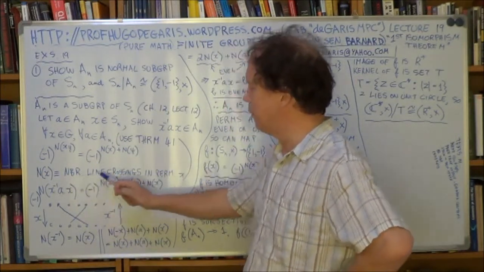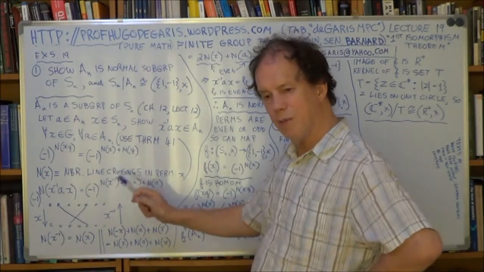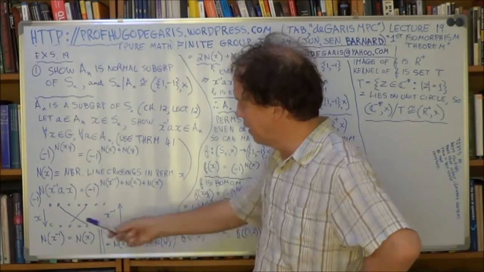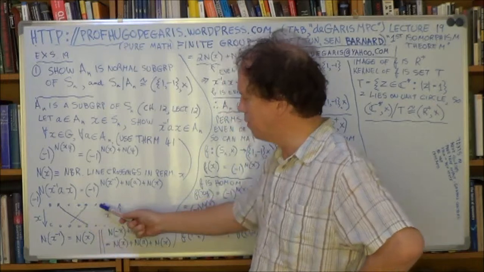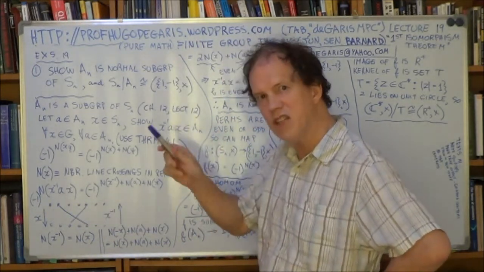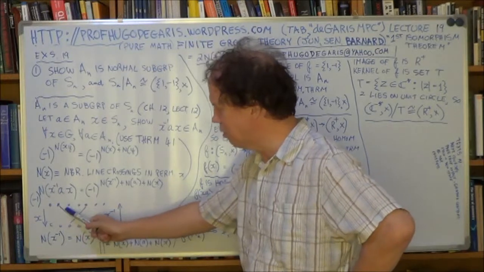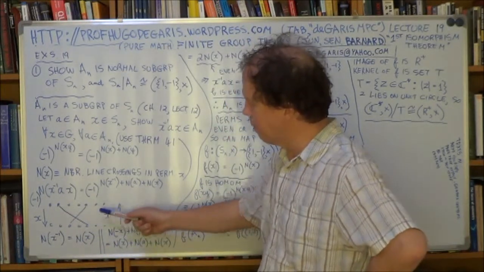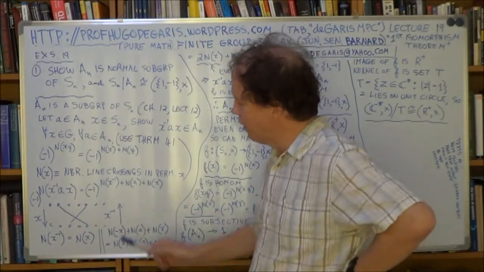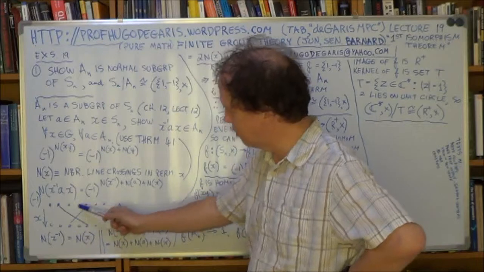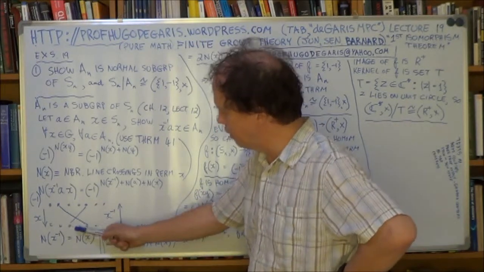So n is the number of inverted pairs, but the number of inverted pairs is equal to the number of line crossings. Here are your n objects, labelled with a unique integer: object 1, object 2, object n. Lay them out in order, and then perform your permutation x on those n objects, and you get a new permutation.